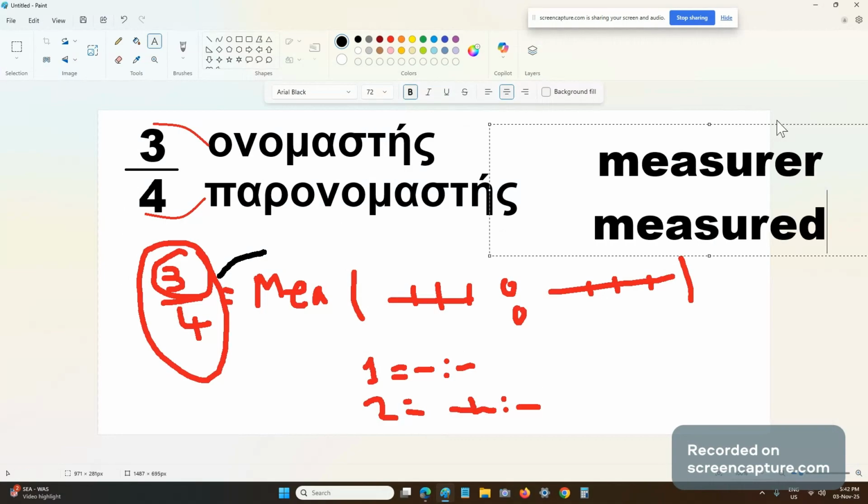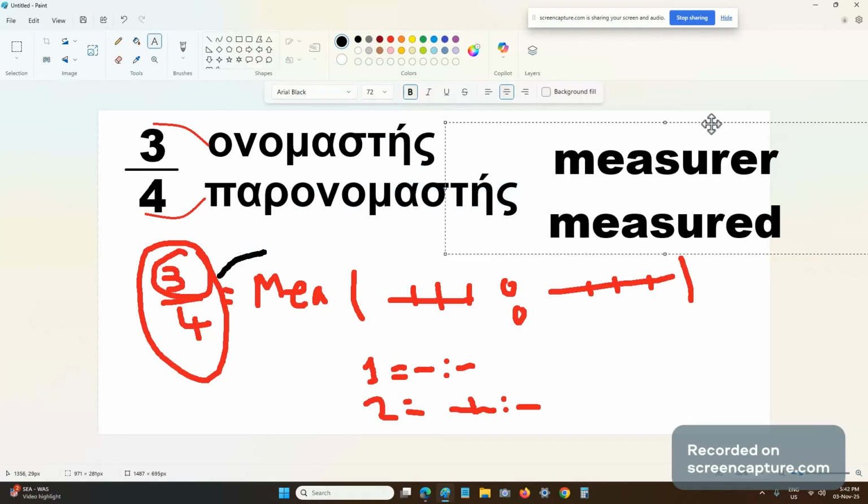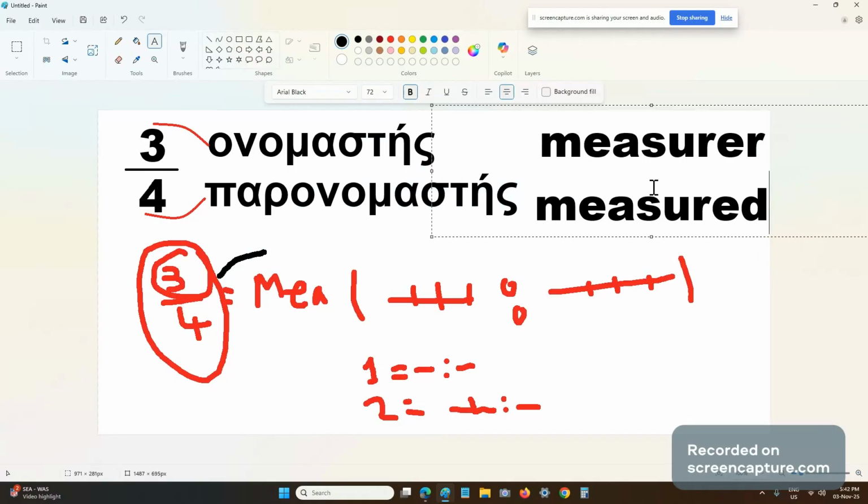Does that make sense? Because till you've actually done those processes and you've given the objects names, you can't really use 3 and 4 there, because 3 itself is a number.